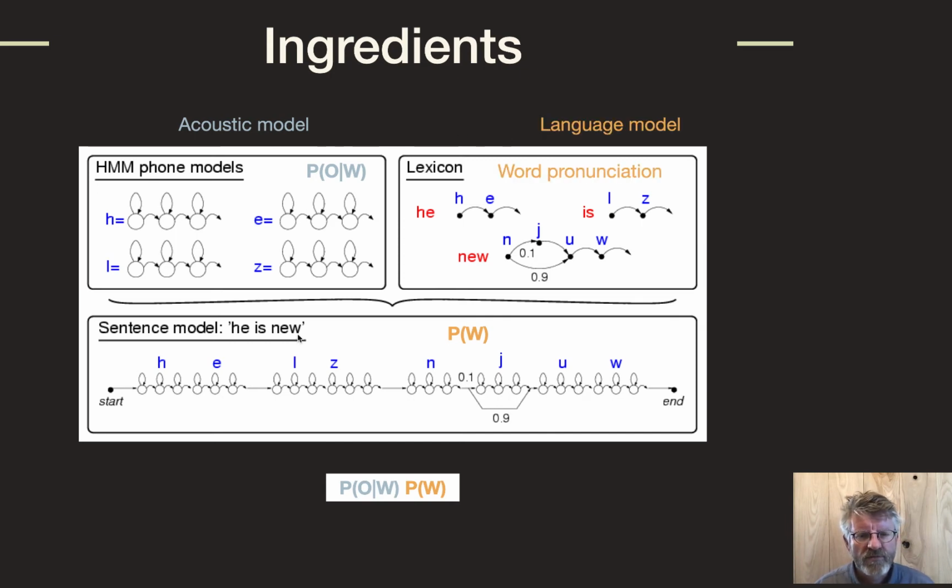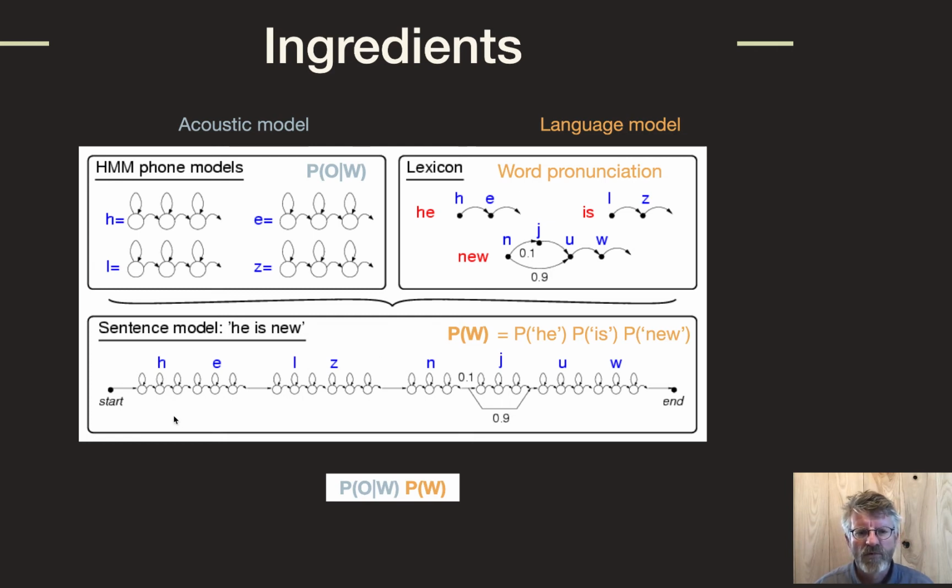But words have to be strung into a sentence, and for that we have this probability, so the language model, and this is the probability that he is pronounced multiplied by the probability that is is pronounced and the probability that new is pronounced, and actually in this order.